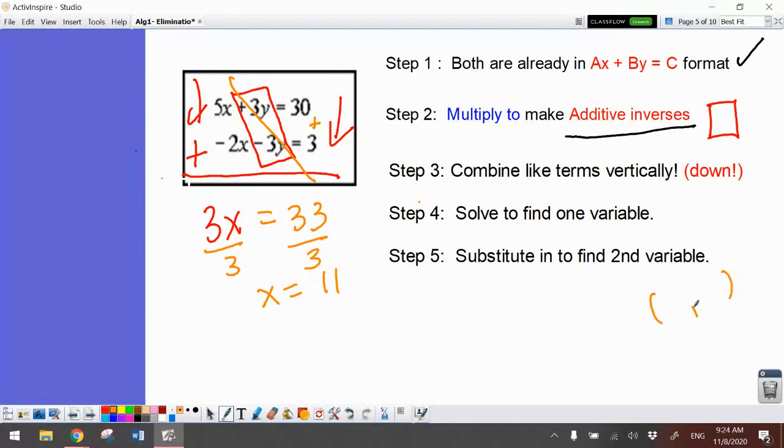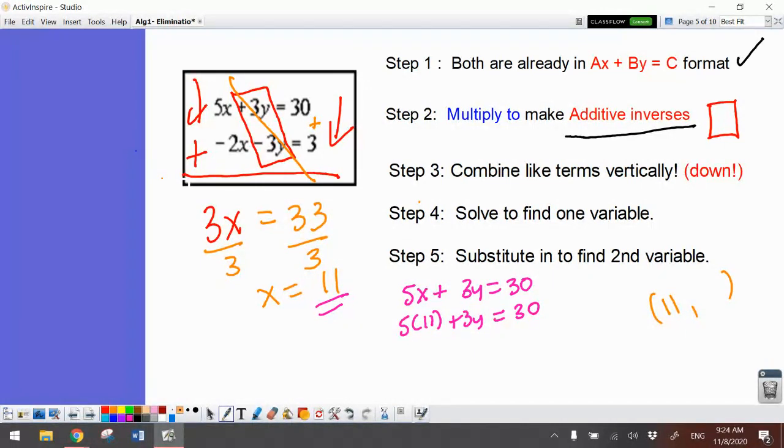I already have the first number in my solution. Okay, now to find my y variable, I am going to pick either equation, either one. And I'm going to substitute. So I think I'm going to pick the top equation because there's no negatives. So 5x plus 3y equals 30. And I know that I have x, so I'm going to substitute in for the x.